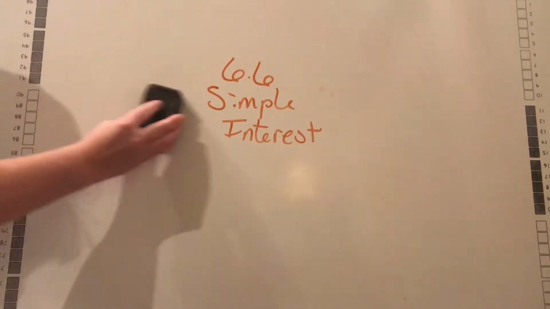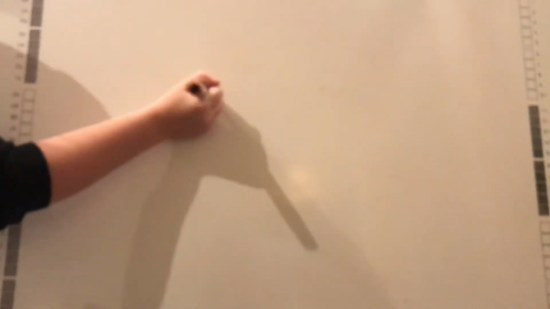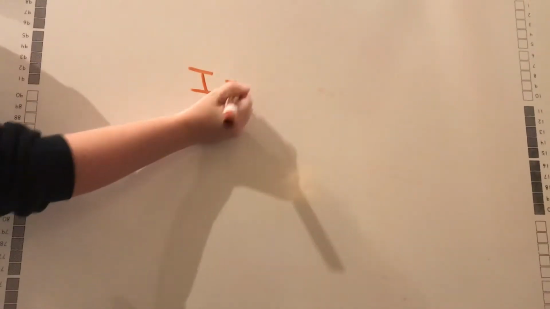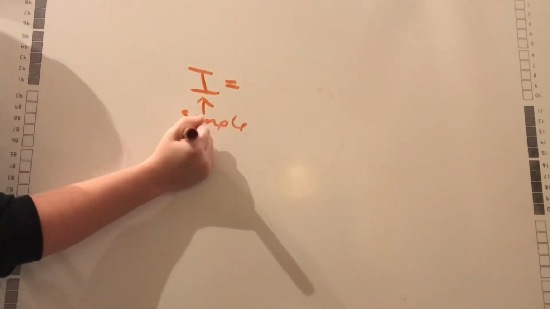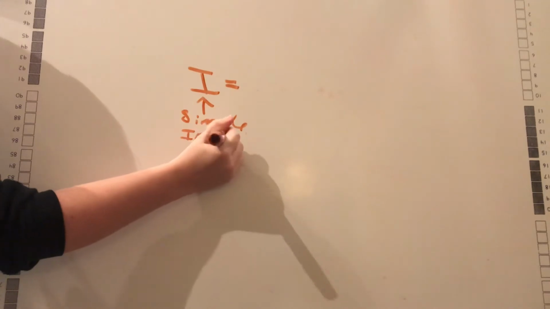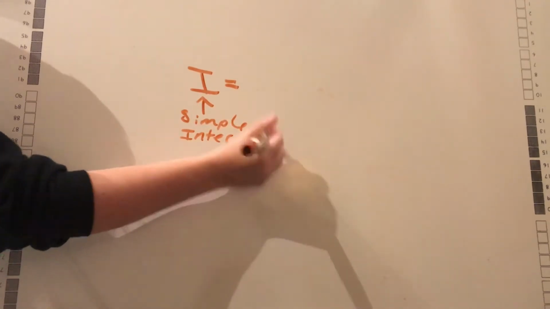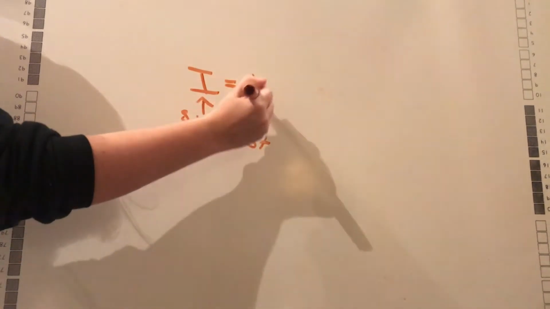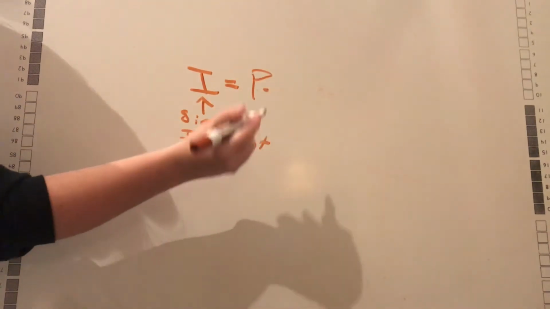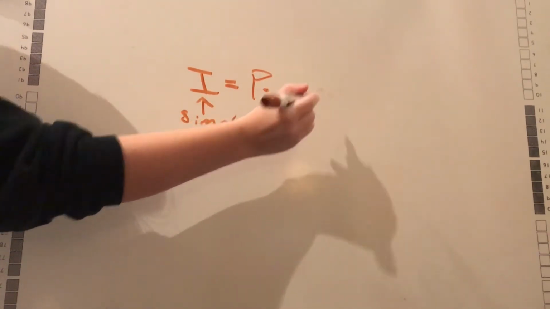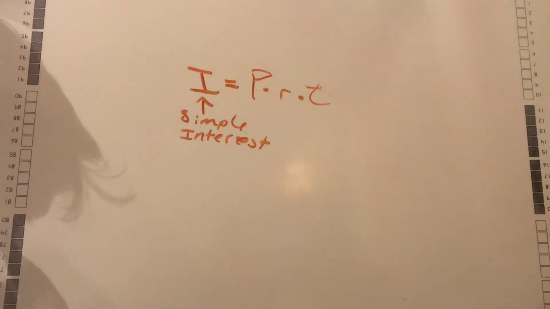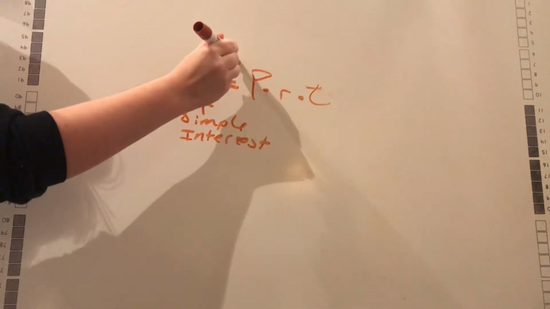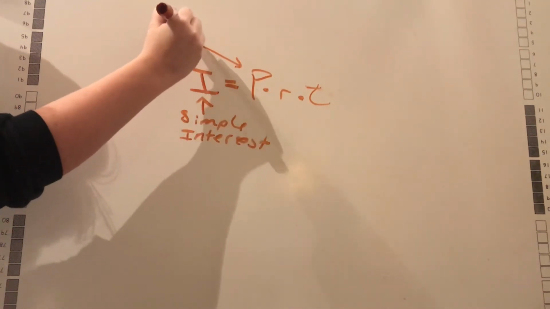So, this is our formula. We have your interest, this is your simple interest, and that's going to equal P times R times T. So what are all of these things? P is your principal, or your amount of money borrowed.